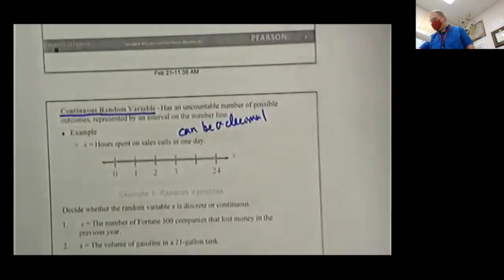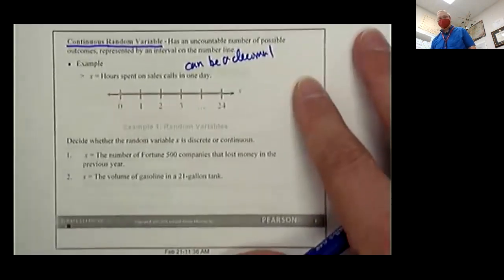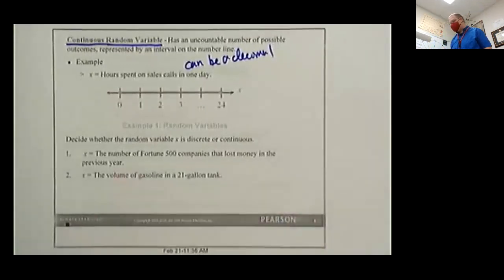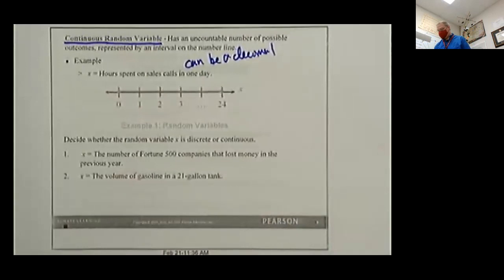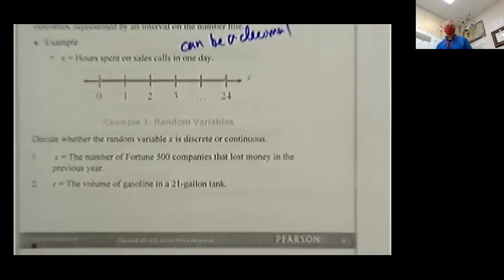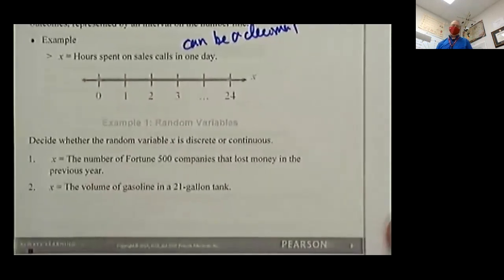So let's look at some examples of that. Decide whether variable x is discrete or continuous. Number 1, x is the number of Fortune 500 companies that lost money in the previous year. Well, can you have half of a company? Does that make sense? Hopefully your brain is telling you no, either you have a company or you don't.